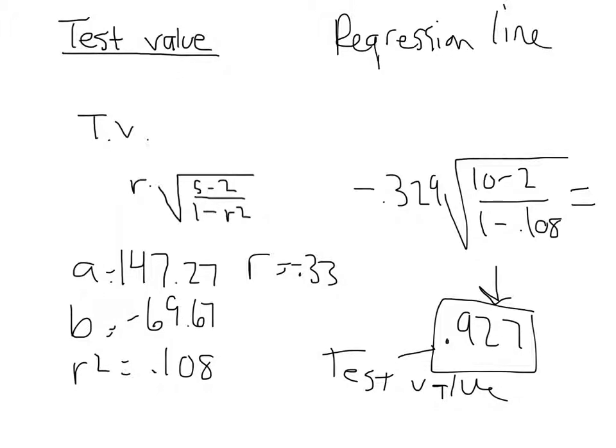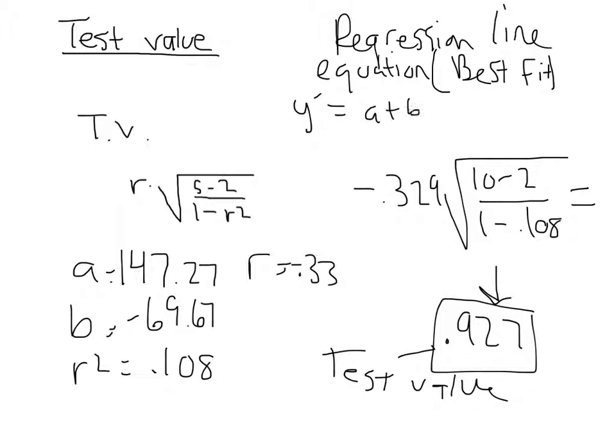So that equation is y equals a plus bx, and as we got, this is going to be y equals 147.27 plus negative 69.67x.